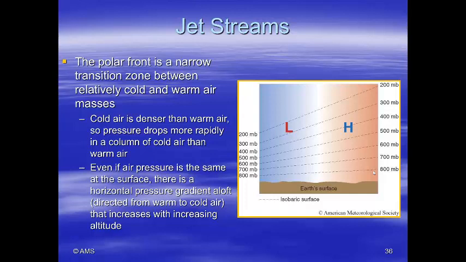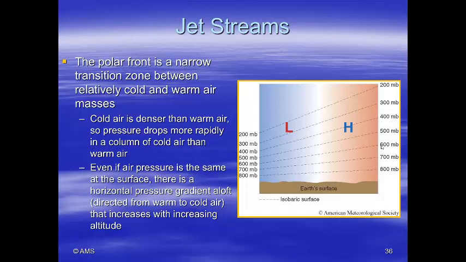But we said that cold air is denser than warm air, so the pressure drops more rapidly. For instance, here we go from 200 millibars to 300 millibars to 400 millibars, right? At the same time, we went from 500 millibars to 600 millibars.